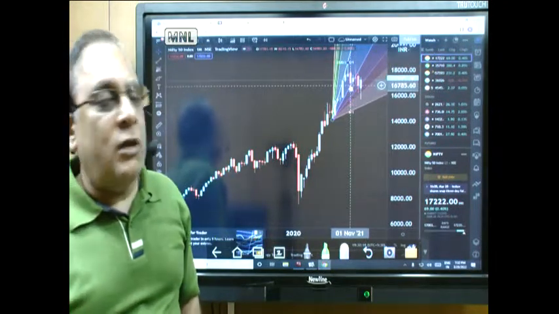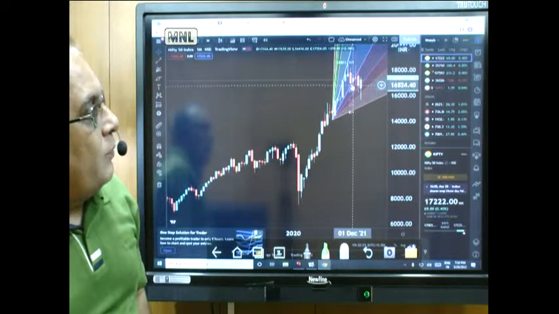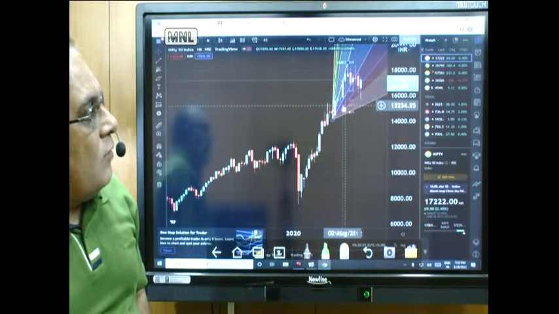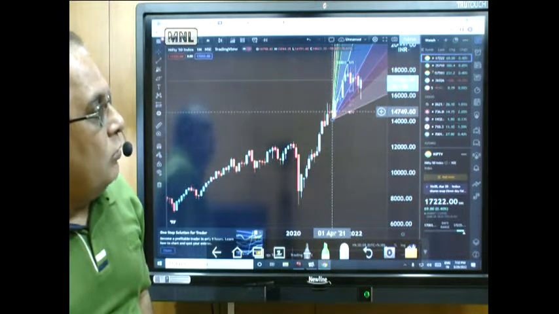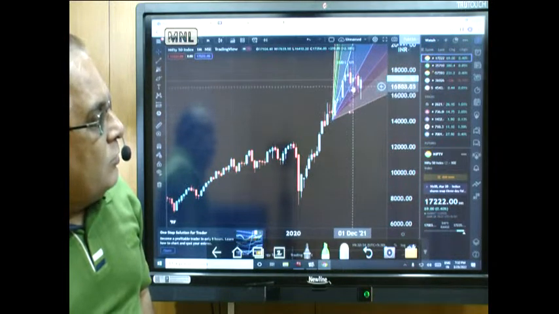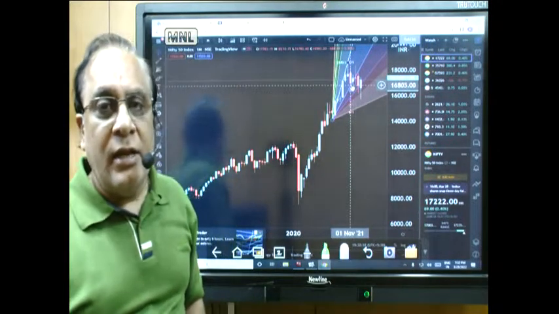And once this low was penetrated, there was a giant 45-degree angle drawn from this particular low. So if you are trading from this particular low to this particular high, we should have been out at 16,800 levels.